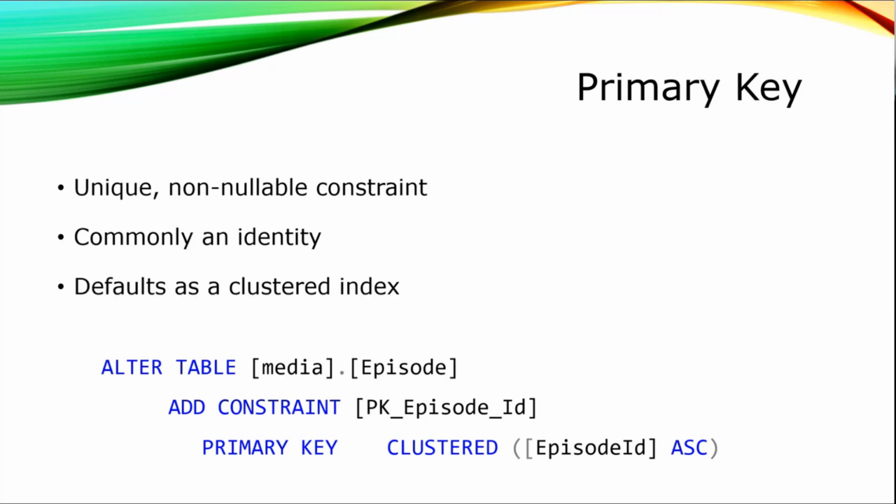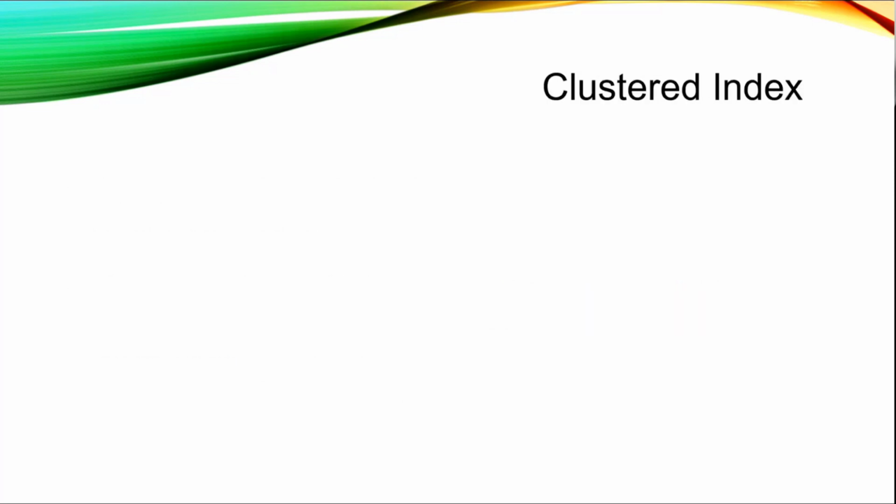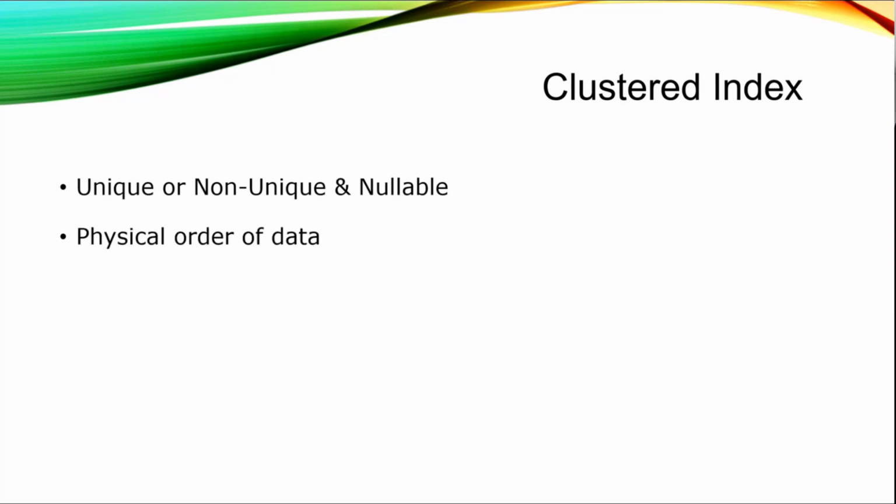When you add a primary key to a table, it does default as a clustered index, but it doesn't have to be the clustered index. So when we're talking about clustered indexes, we're talking about almost the polar opposite of the primary key in the sense that it doesn't need to be unique and it can be nullable. And this is going to dictate that physical order of the data.